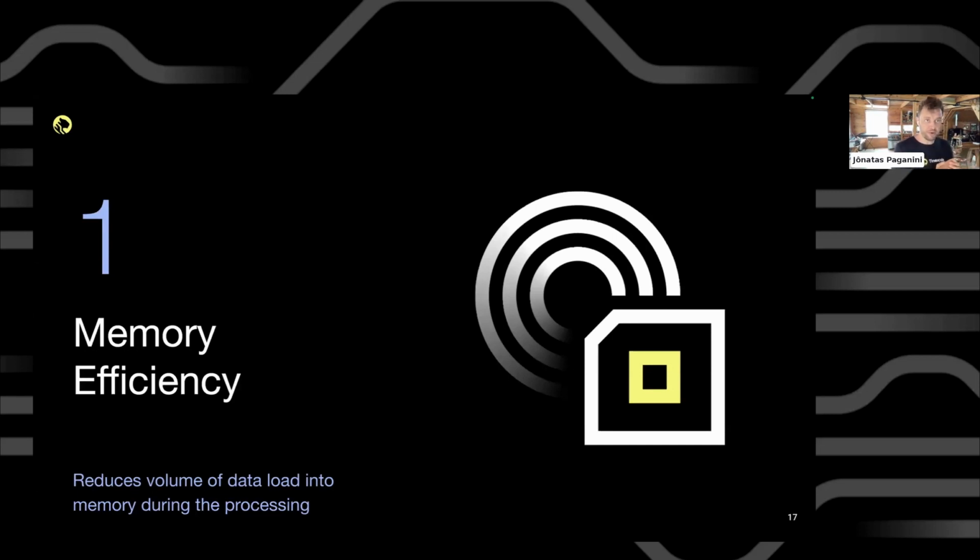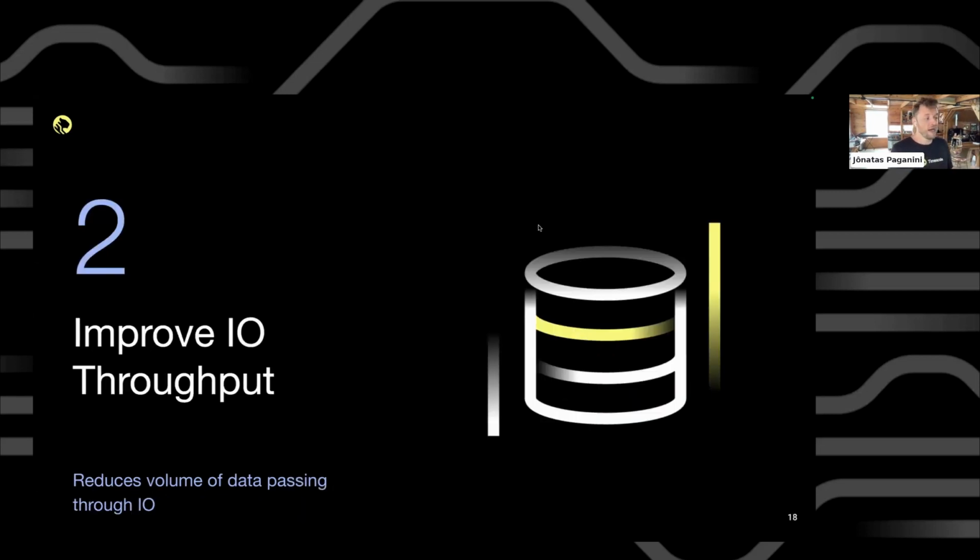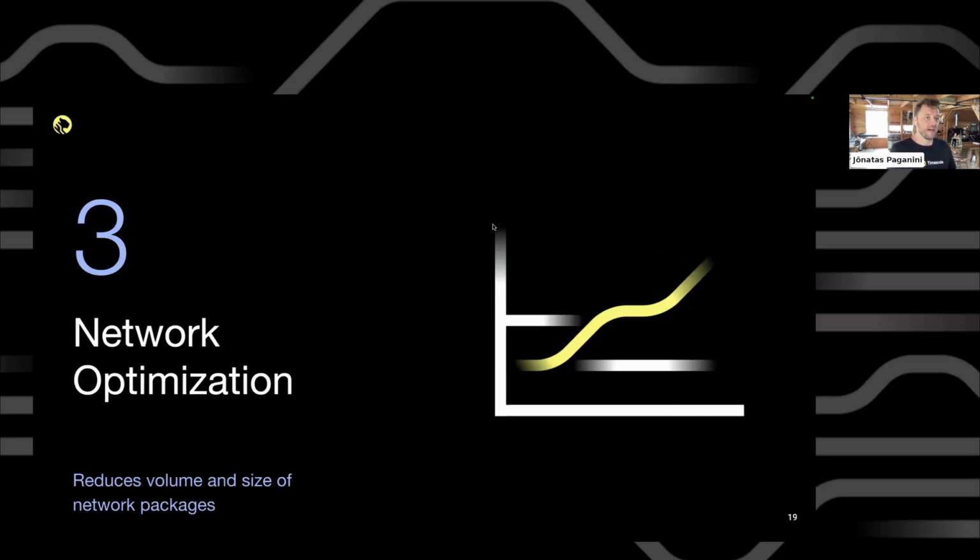So when you are downsampling, you are sub-selecting elements from your entire set, and that will just make a smaller memory footprint. So it will also improve the throughput because you are having smaller packages in general. So your I/O will be using less and less. Network will also be optimized by this. So when you are downsampling things, basically you are sending less data from your server to the client.